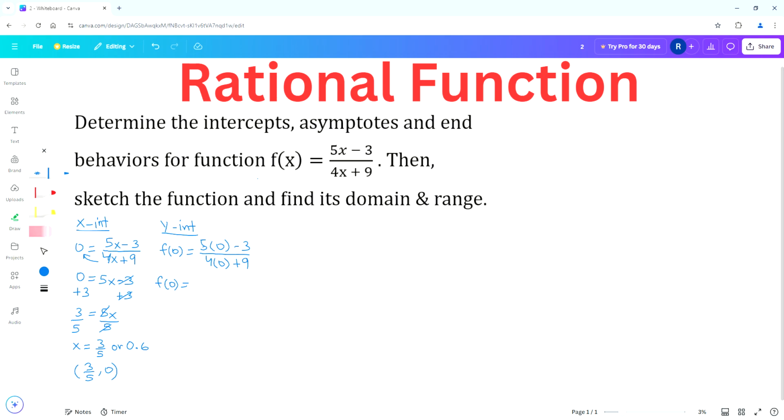Five times 0 is 0. 0 minus 3 is negative 3. 4 times 0 is 0. 0 plus 9 is 9. We can reduce this fraction to negative 1 over 3. We can write this y-intercept as an ordered pair as (0, negative 1/3).